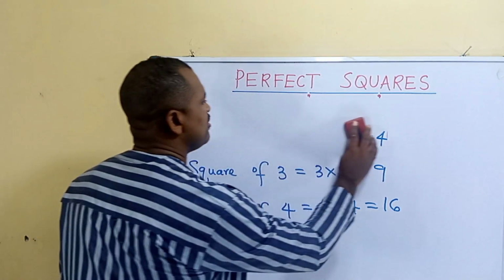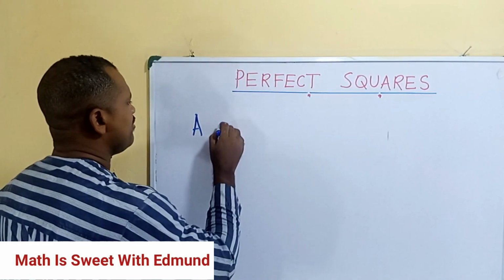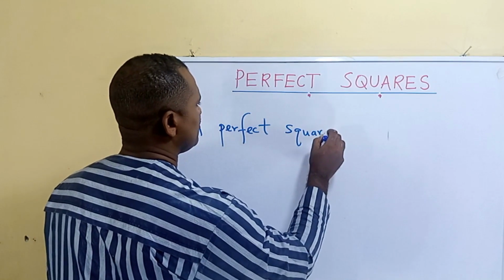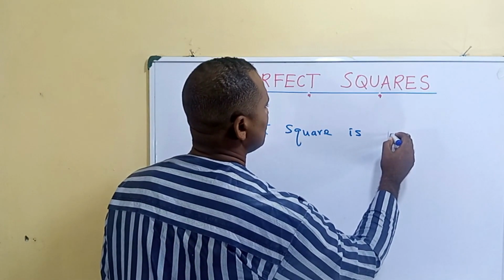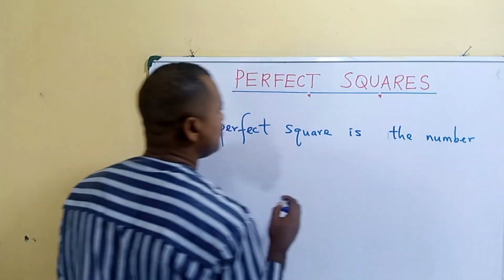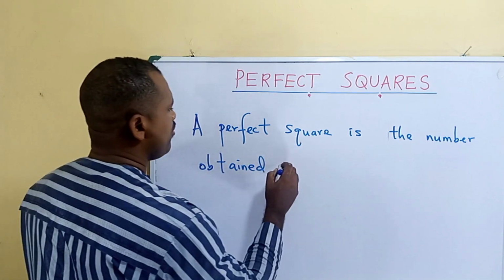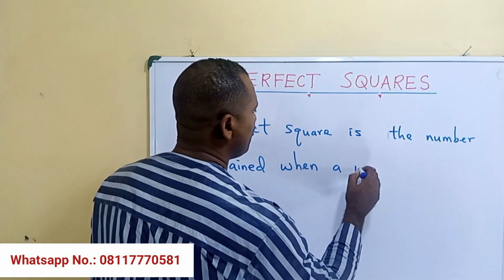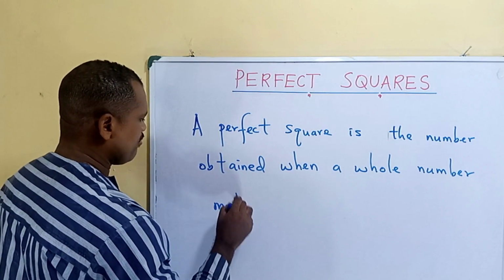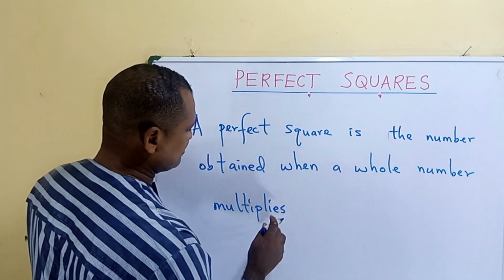So if we are to write that, we say a perfect square is the number obtained when a whole number multiplies itself.